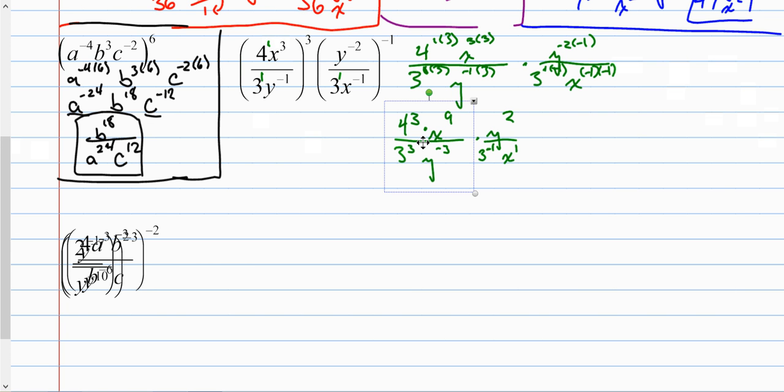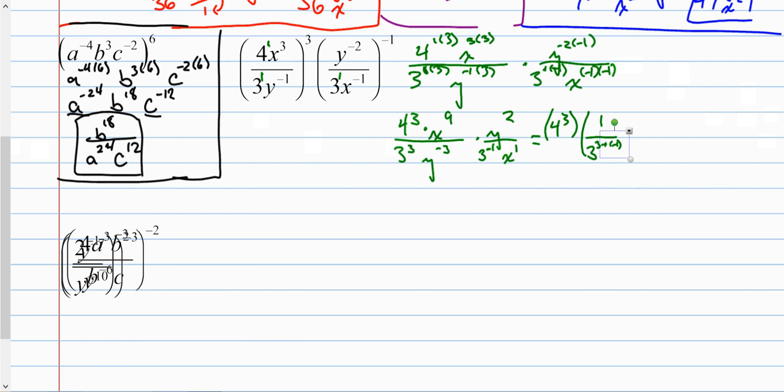So my 4 to the 3rd isn't going to group with anyone else. So he's just going to stay a 4 to the 3rd. Put him in parentheses because he's not going to talk to anyone else. But this 3 and this 3 will talk to each other. So I have a 1 over a 3 to the 3 plus negative 1.